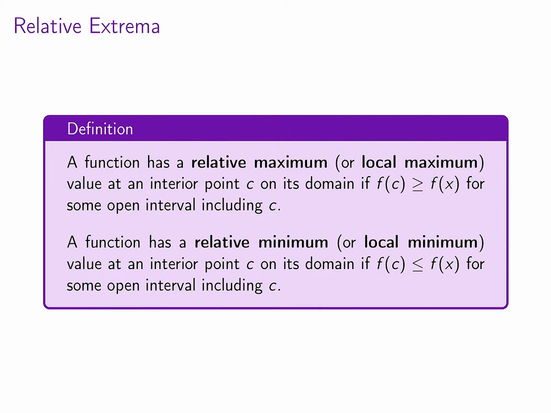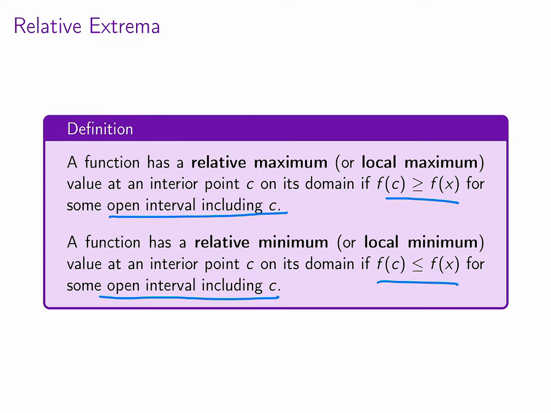So let's contrast this to the absolute extrema. The absolute extrema, your point had to be higher than every point in the entire graph that you were looking at. Now, a relative extrema, it doesn't say every point, it just says some open interval around it. So a relative max is just bigger than everything right around it, is the idea. And similarly, a relative min, or a local min, is just smaller than everything right around it, okay?